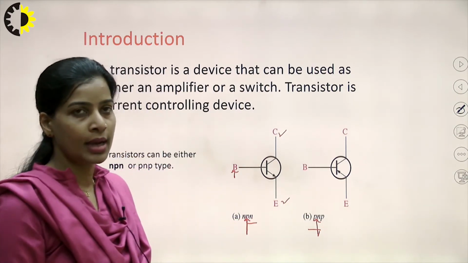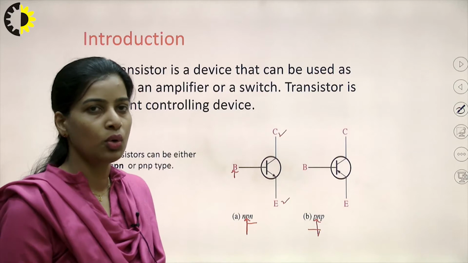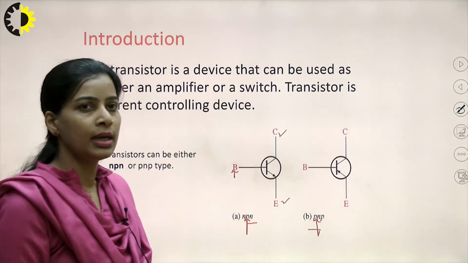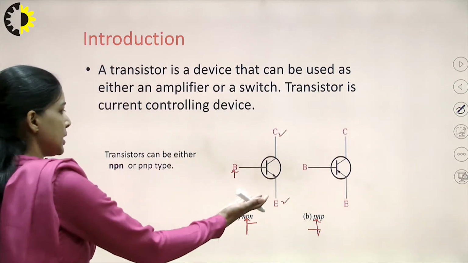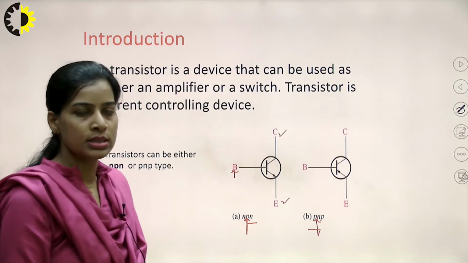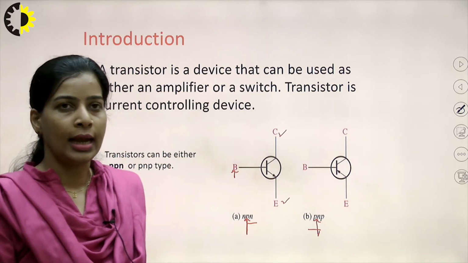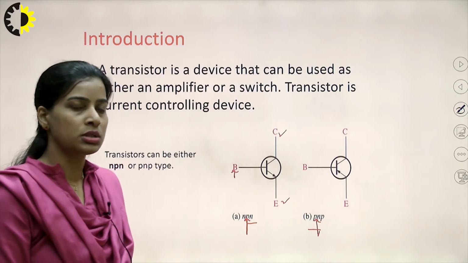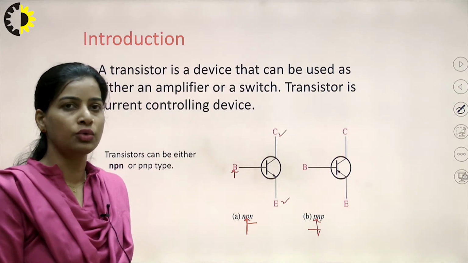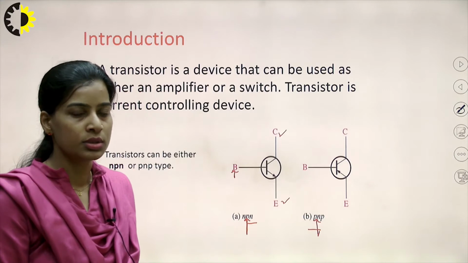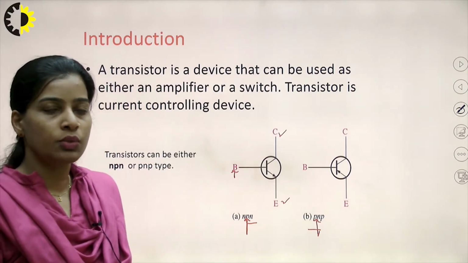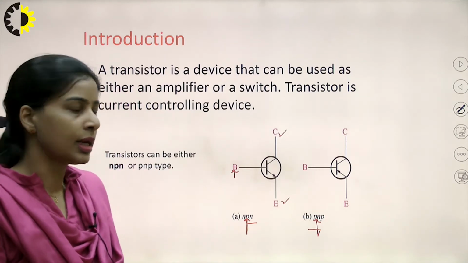By observing the direction of the arrow we can identify which one is an NPN transistor and which one is a PNP transistor, and we all know how we correlate the outward or inward arrow notation with the flow of the current.